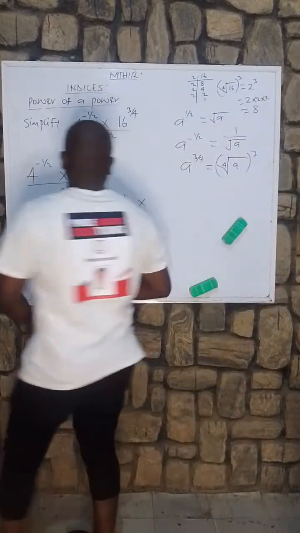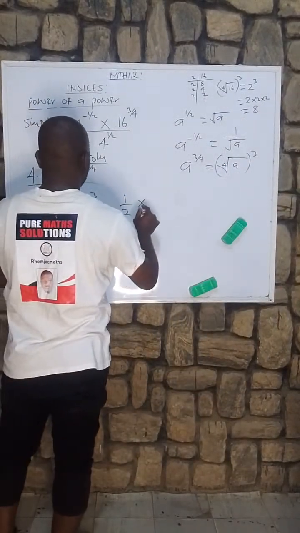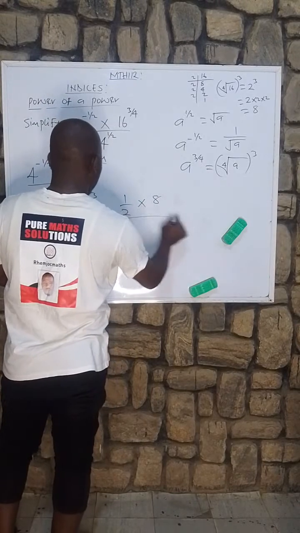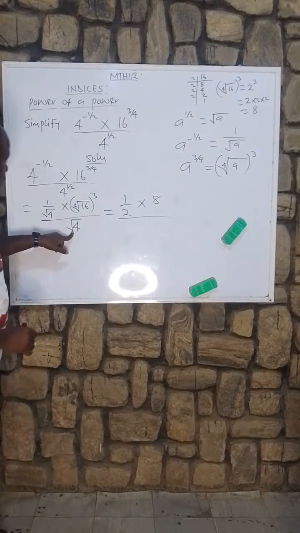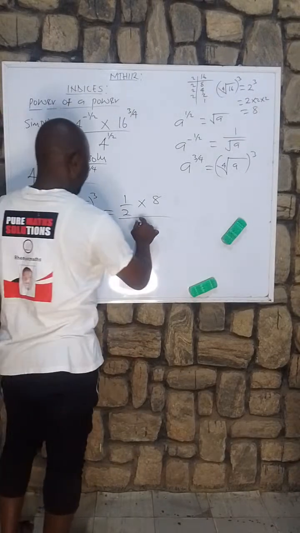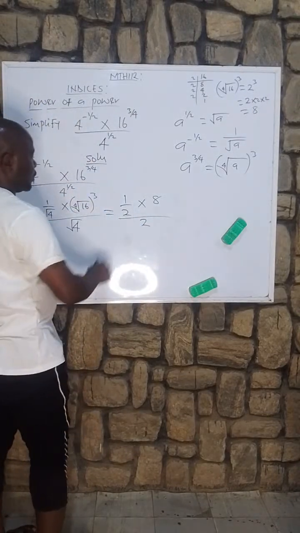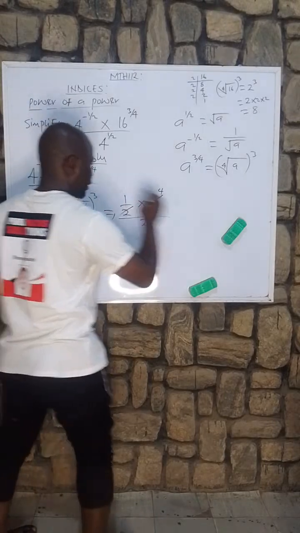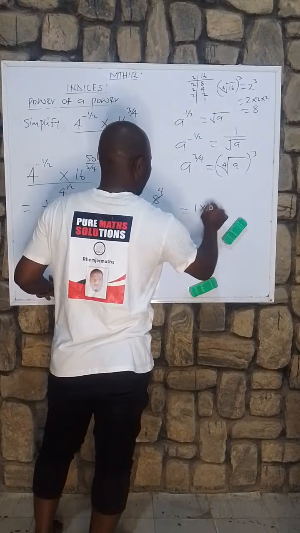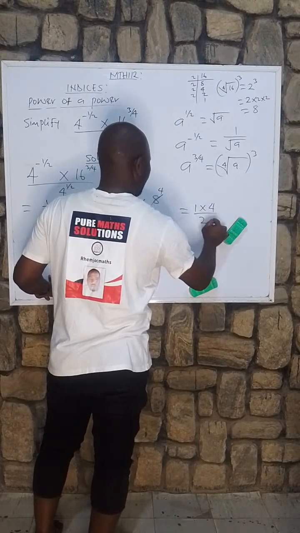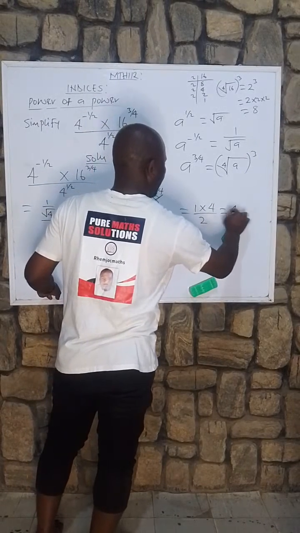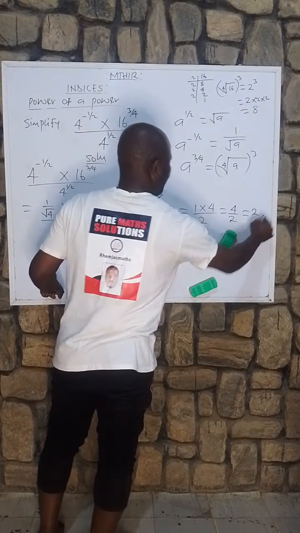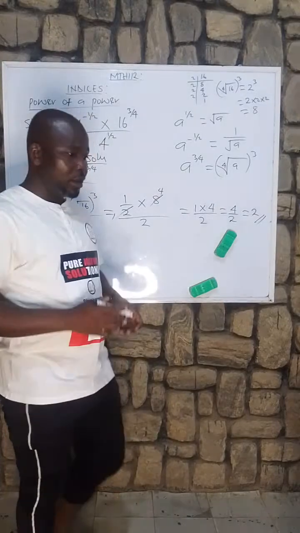So here is now 8 all over square root of 4, which is 2. So 2 into 8 is 4. So this is equal to 1 times 4 all over 2, then equal to 4 divided by 2, which is 2. This is the answer. Is that clear?